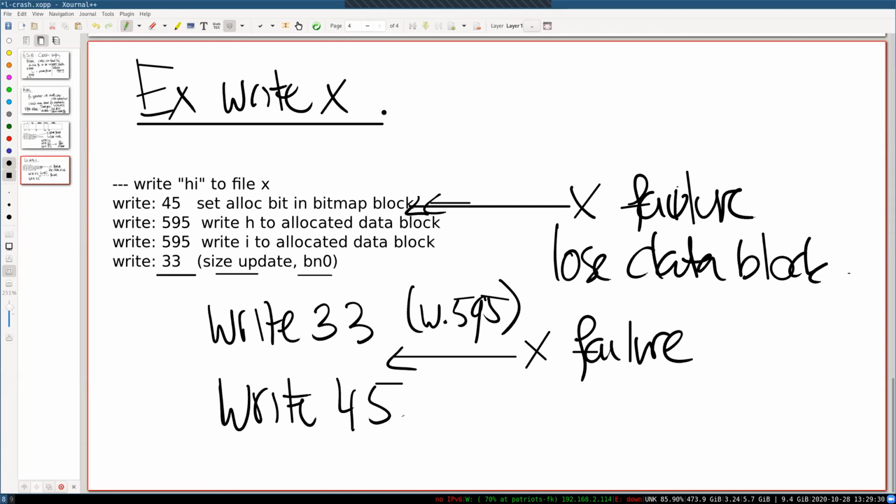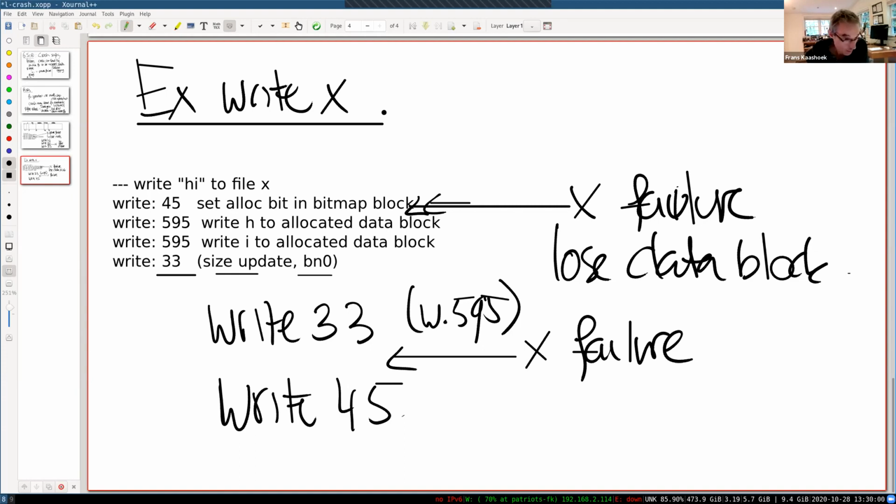It's that the file has the data block, but the data block is marked as unallocated, and other files can also use it. Yeah, correct. That's the real big problem here: the inode thinks block 595 belongs to that file, but actually on disk, it's still marked as unallocated.